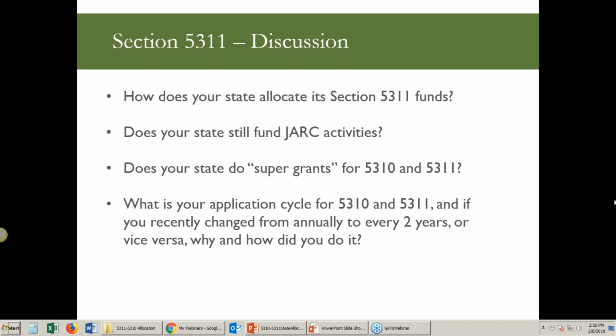Another question, how do you use planning to support your project or program allocations for 5310 and 5311, if you do? Our 5310 program, the way that we judge the individual projects is based on the goals and objectives that are identified in the plans.